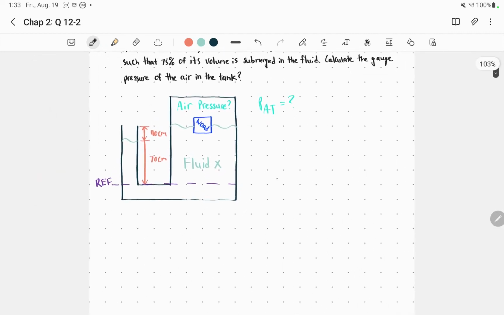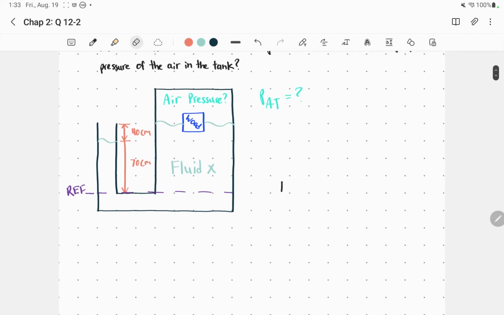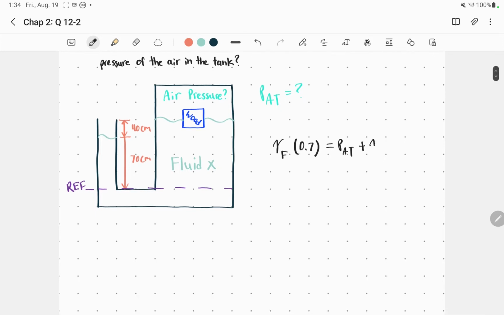So to start, what we need to do is write our equivalence equation. We know that on the left side, the pressure is equal to gamma of the fluid times the height of the fluid, which is 0.7 meters, and that is equivalent to the pressure of the air in the tank plus gamma of the fluid times 1.10 meters, because it's 0.7 meters plus 0.4 meters.